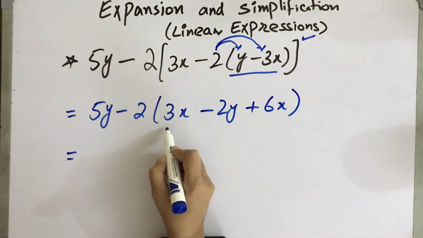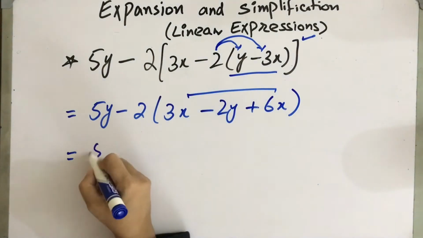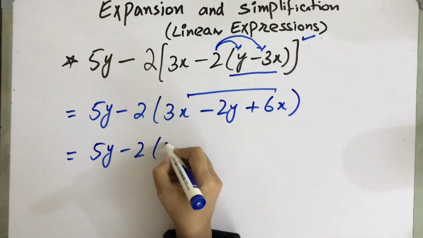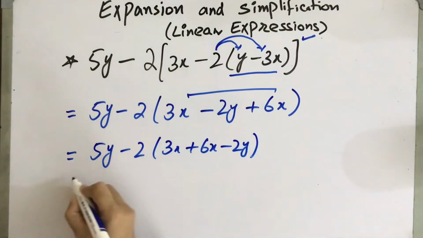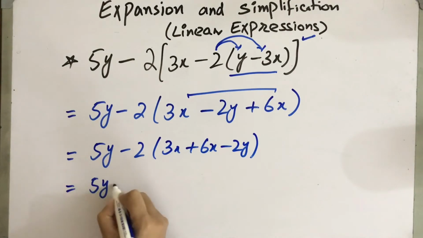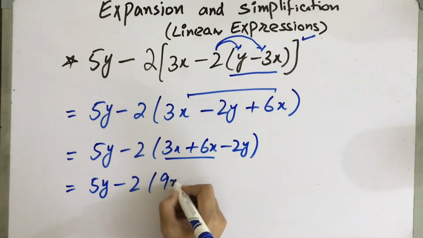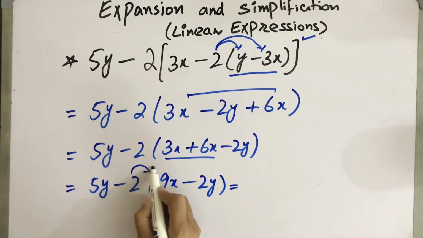Now I shall solve inside, or arrange inside and then solve inside. First we arrange, then we simplify, right? 5y minus 2, 3x and 6x both are positive, will give me 9x minus 2y. Now I shall again open it, again expand it.